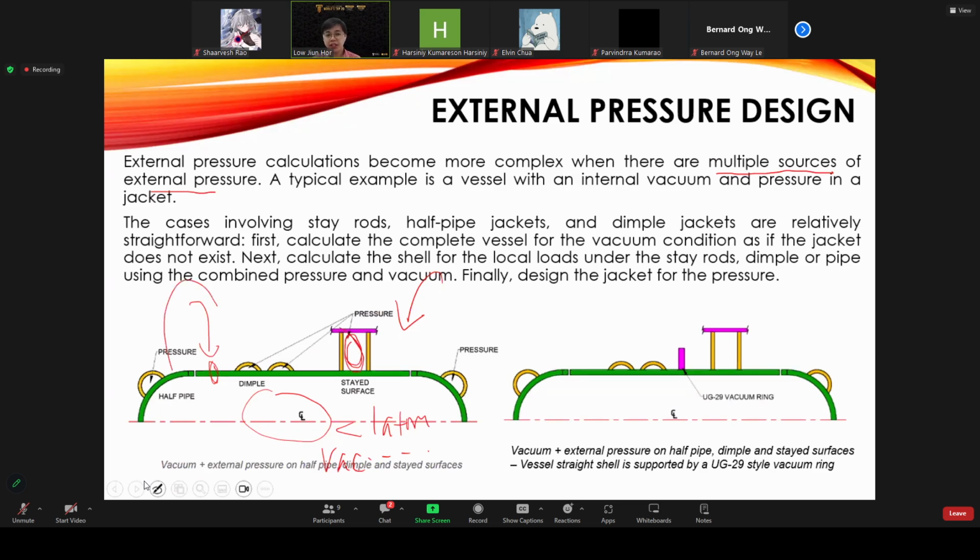So we have multiple sources of external pressure, and you need to consider all of them to make sure the design of the pressure vessel is strong enough to withstand external pressure 1 and external pressure 2 here. Sometimes the calculation or design can become complicated compared to what I explained just now, because you need to consider multiple different sources of external pressure at the same time.